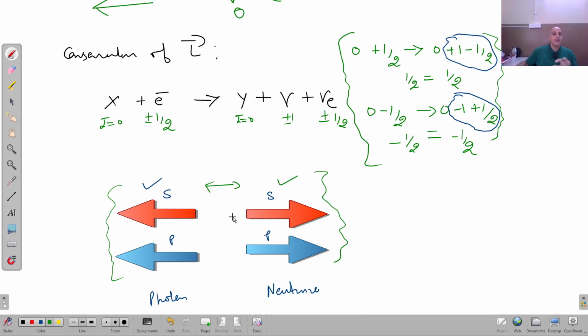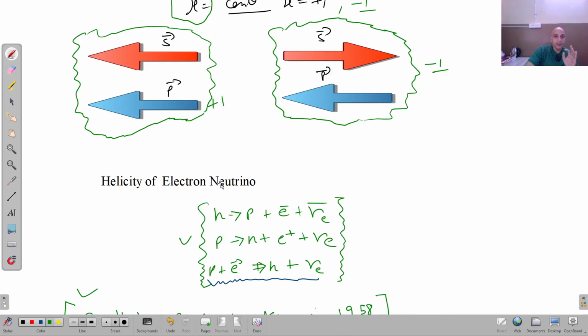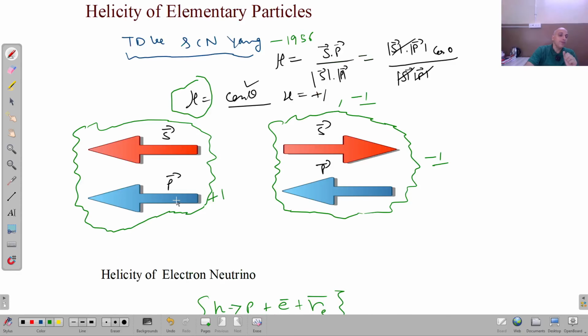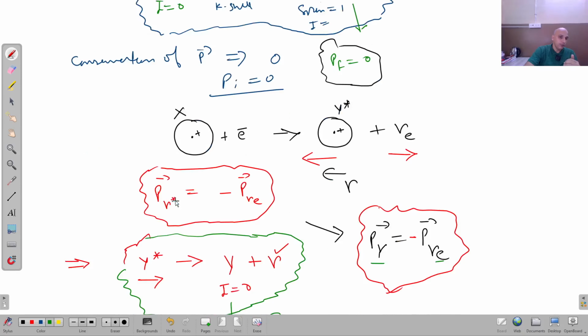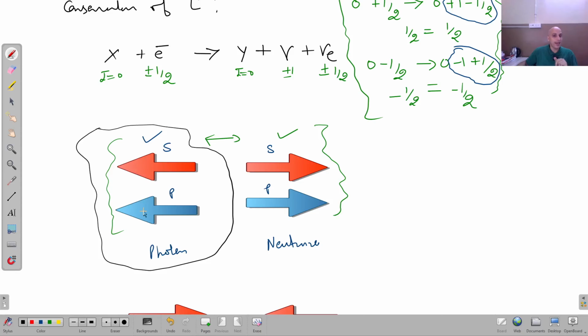It means if I want to measure the helicity of the neutrino, because helicity tells us about the angle between spin and linear momentum of a particle, we don't need to measure the helicity of the neutrino. Even by measuring the helicity of the photon, I can measure the helicity of the neutrino, because they will have the same helicity, since you can see here they are in the parallel direction, they are also in the parallel, right?